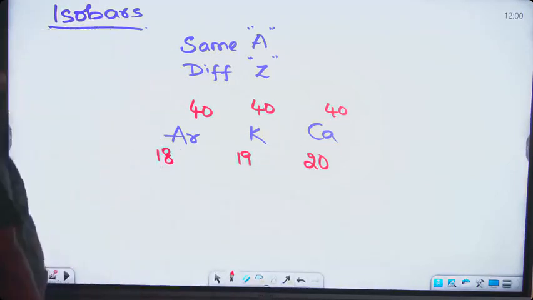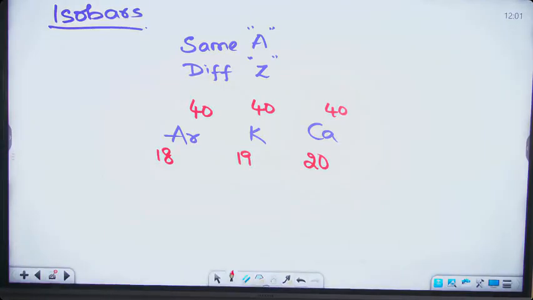In all three, the atomic numbers are different but their mass numbers are the same. The elements having the same atomic mass but different atomic numbers are known as isobars. Example, argon 1840, potassium 1940, and calcium 2040.